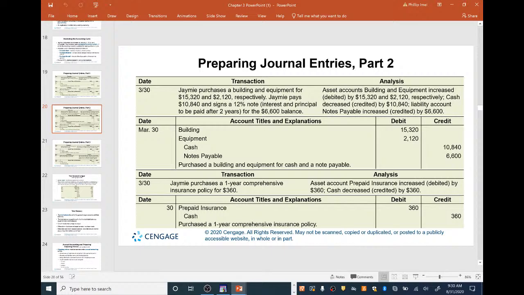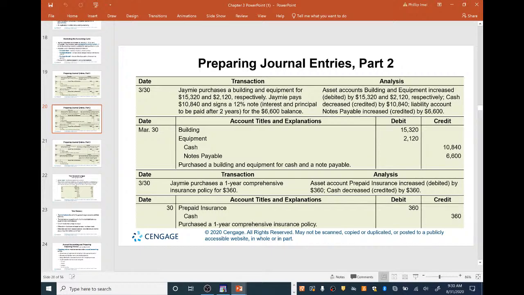We're receiving building and equipment because that's what they purchased. The building was worth $15,320, so we're debiting the building for that amount because it's an asset. It's increasing by debiting it. Equipment increases by $2,120 because that's how much it costs, so we debit it by $2,120.